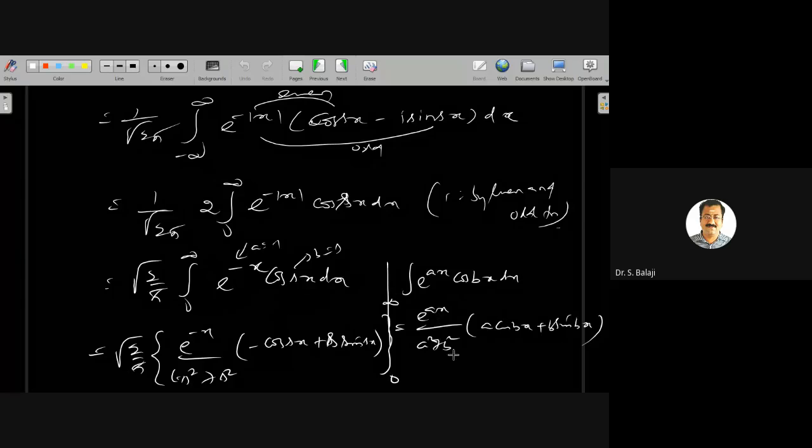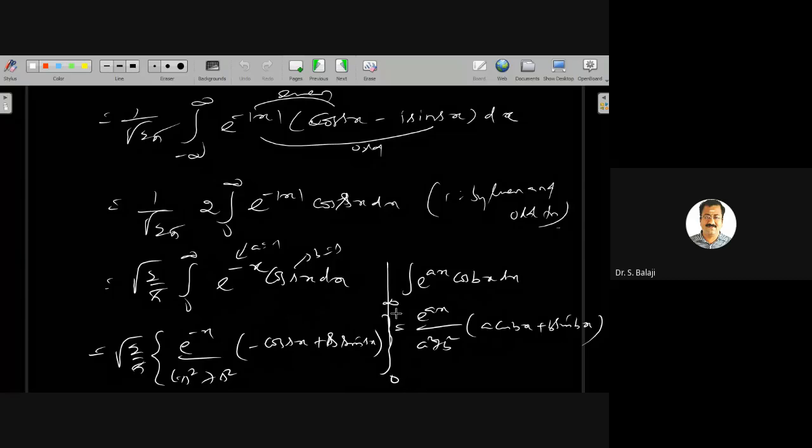So substitute in this known formula: root of 2 by pi, e power minus x by a square plus b square, that is minus 1 square plus s square, then a cos bx, a is minus 1, so minus cos sx, plus b sin bx, b is s, so s sin sx. What about the limit? The limit is 0 to infinity.